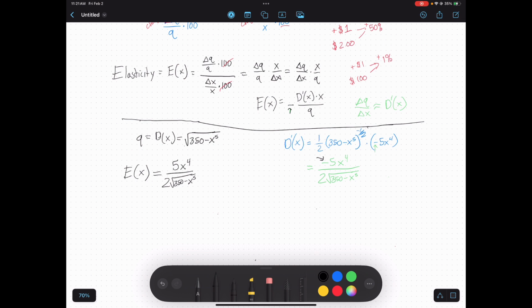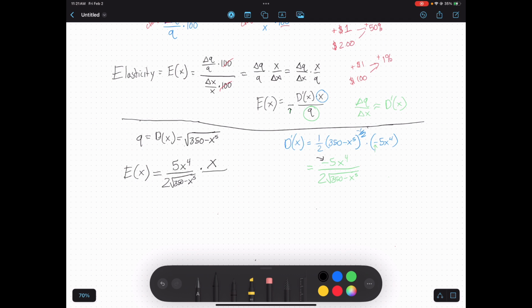The negative should be gone because it canceled out with the negative in the elasticity function. But then I still need to multiply it by x. That's simple. But I also need to divide it by Q.